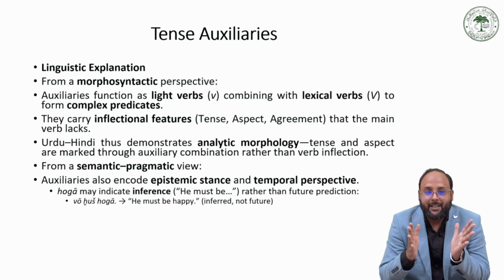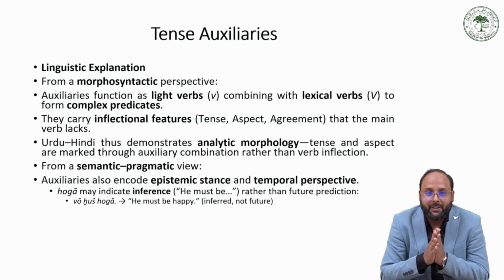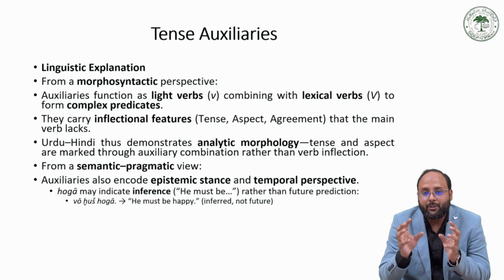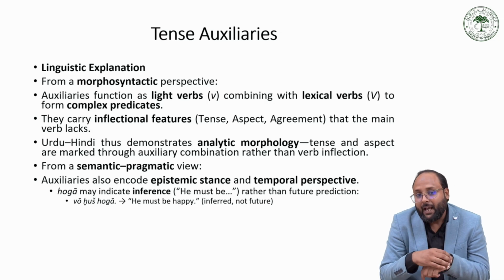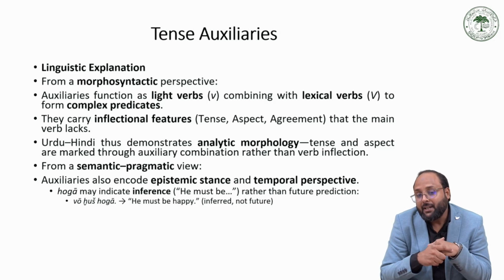So in linguistic explanation, it has some morphosyntactic role, means it modifies both things. It modifies the verbs or any word. So mostly it modifies the verbs or the verb phrase, and it also modifies the sentence.